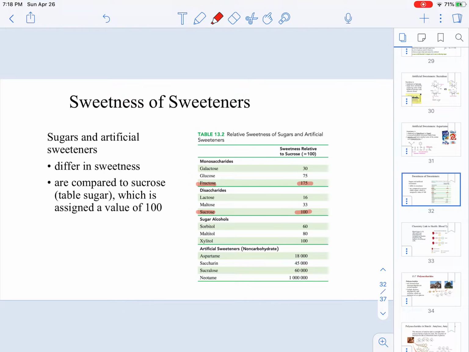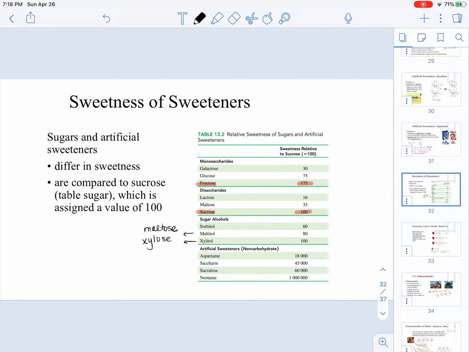Now, when it comes to the sugar alcohols, notice that xylitol, which comes from the monosaccharide xylose, and maltitol, just to review, comes from maltose. So xylitol is the only one that is as sweet as sucrose.